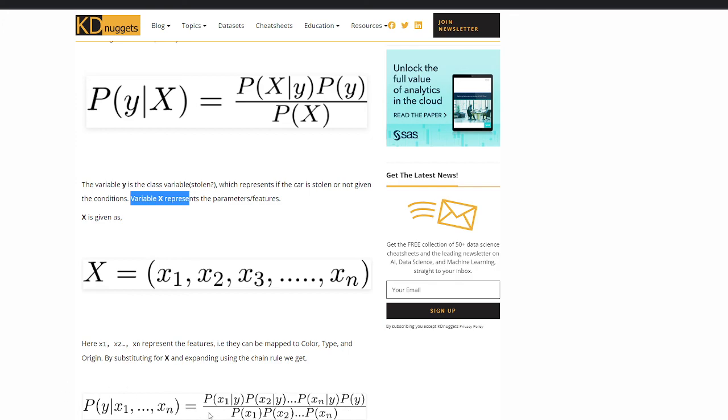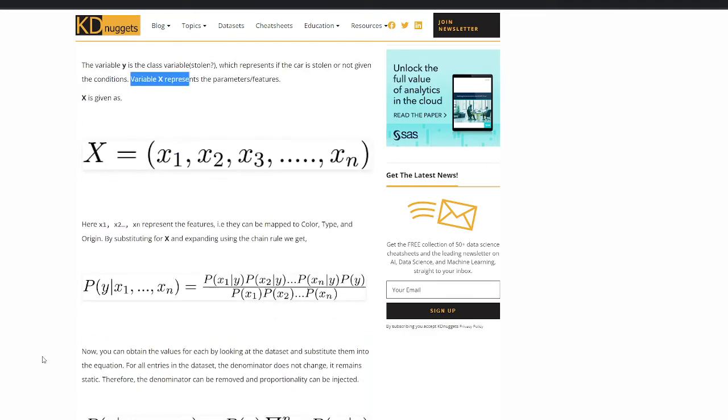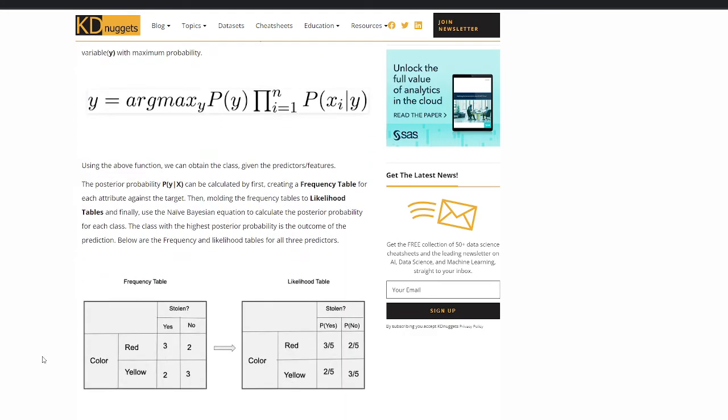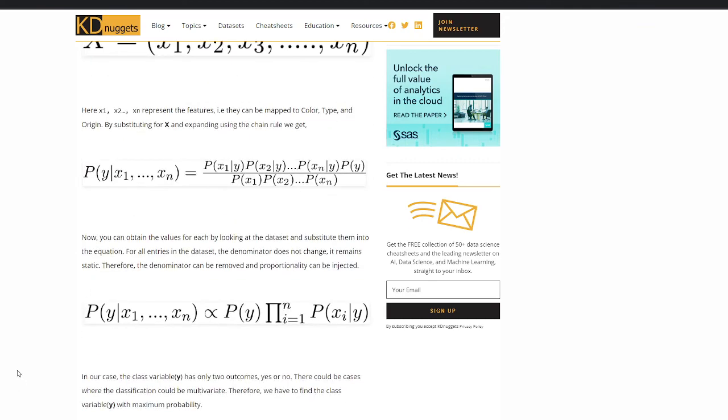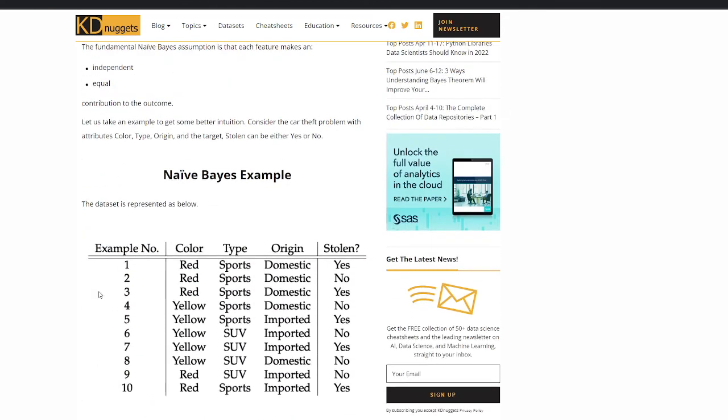This is based on the independence and equality assumptions. So basically this is naive Bayes. Here's the table. This is a naive Bayes example. Thank you for watching. I'll see you next time.